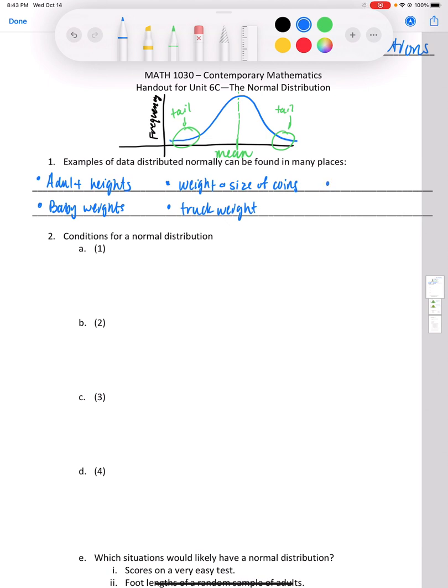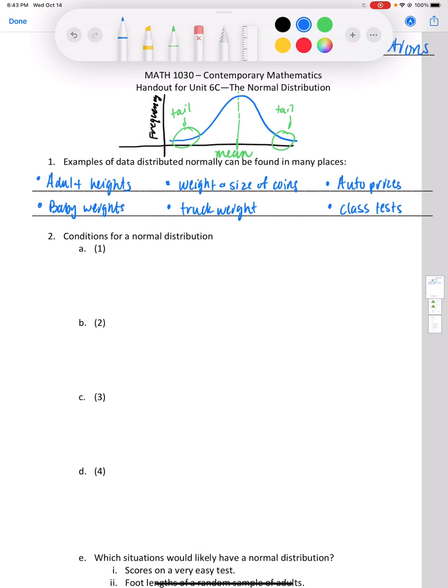A couple other ones are auto prices. Given a certain kind of car, it will cost a certain amount on average. Some of the versions of the car will be a little bit less, some will go for a little bit more. So auto prices follow a normal distribution. And the other big one is class tests or assignments.